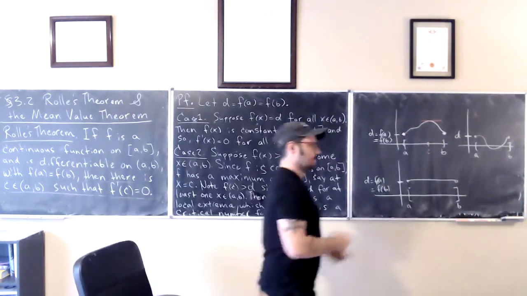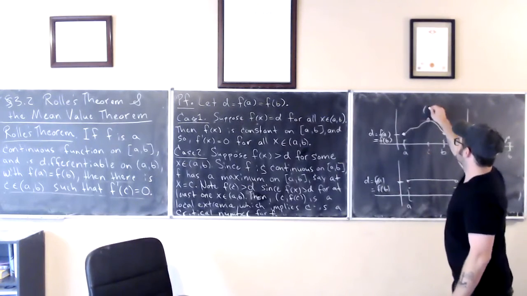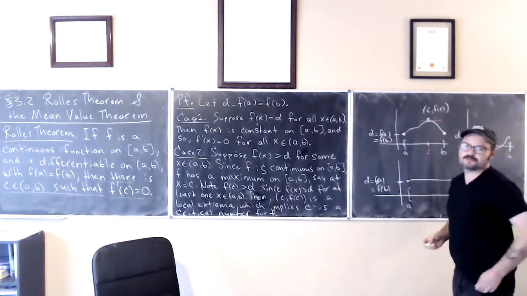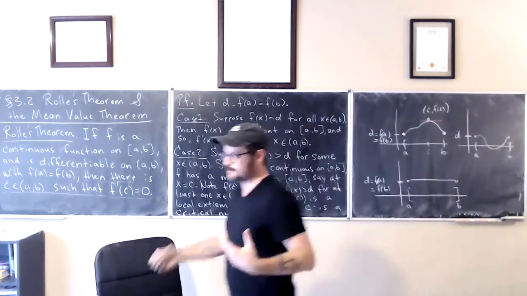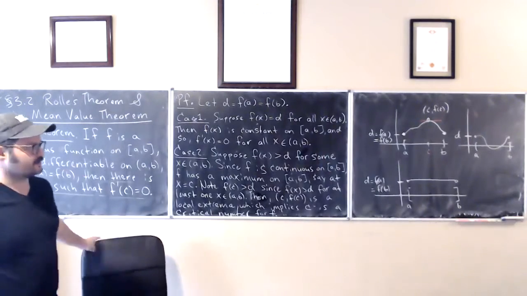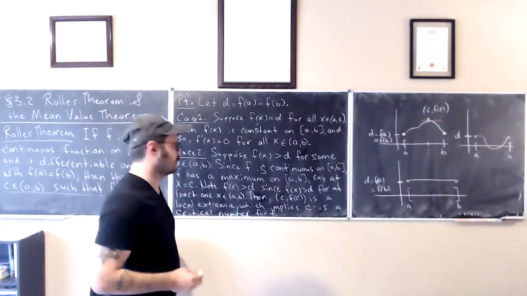Right, so if you have a local extrema, which this would be right there, then we know that's a critical number. Critical numbers are where we proved in a previous lecture that if we have a local extrema, then it's a critical number, right?